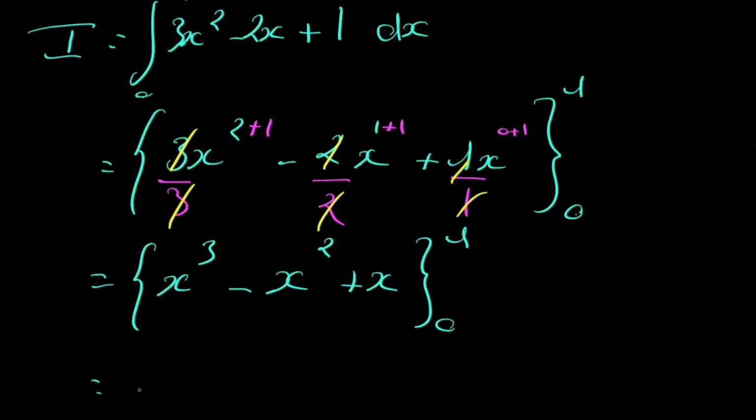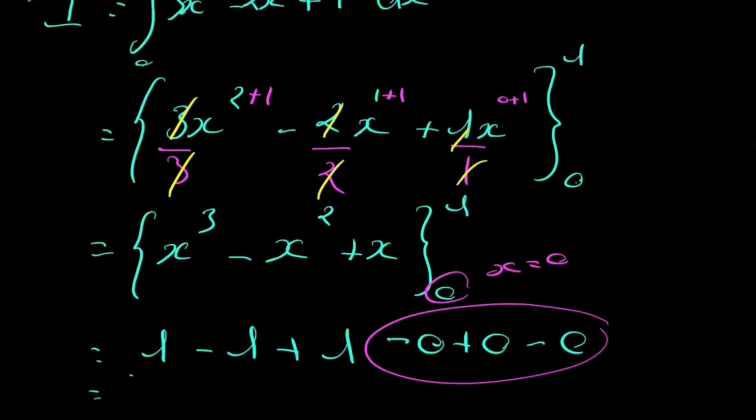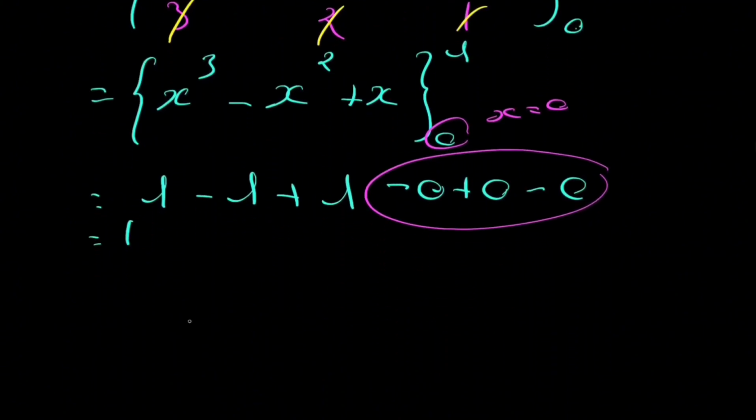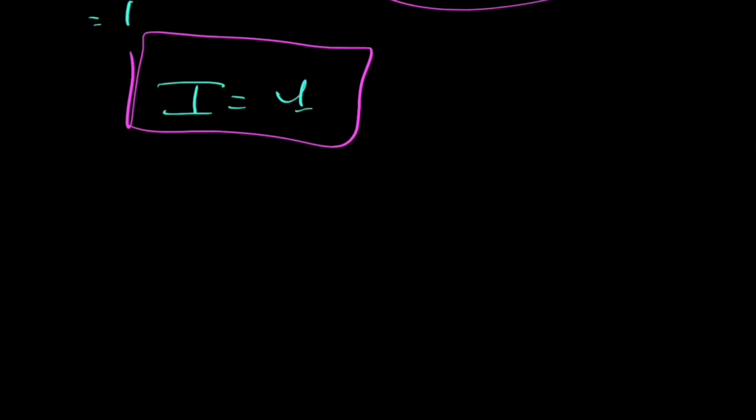So that is 1 minus 1 plus 1 minus 0 plus 0 minus 0, those being the values when x is equal to 0. So easily it's equal to 1, and to answer the question, I is equal to 1. First one, easy one, the most simple you could do.